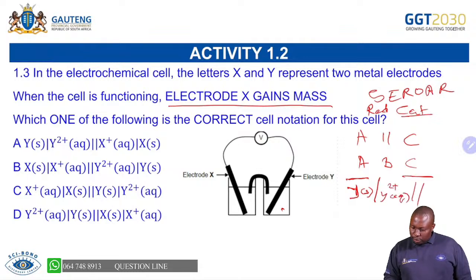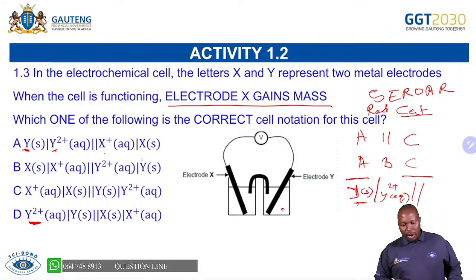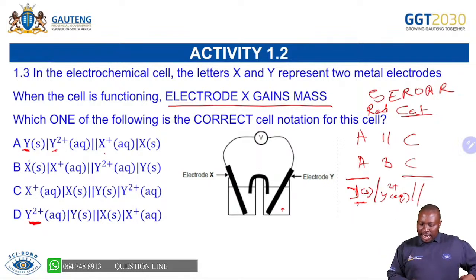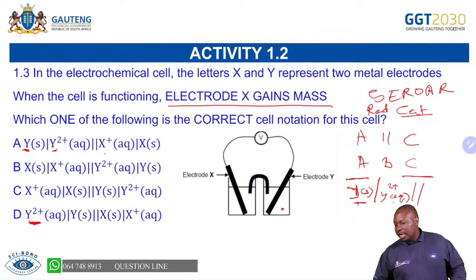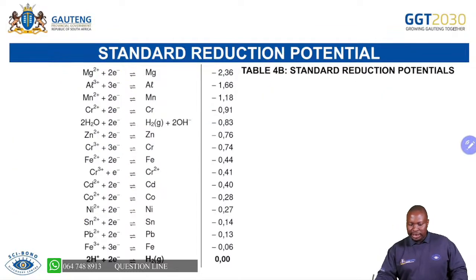And then we have a salt bridge, and then you have your X. So if you check the options, this option would be wrong, because you don't start with ions. You always start with solids on your half reactions. And then you check this one: Y becoming Y2+, that forms X+, forming your X. So option A becomes your correct answer, and you are able to move on as I indicated.